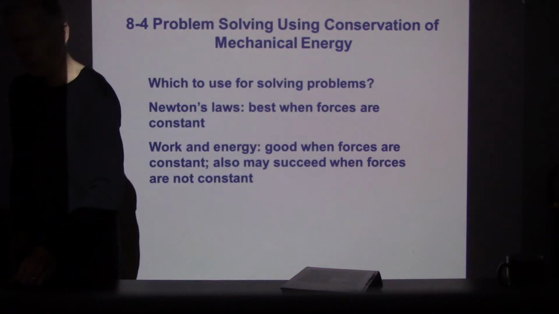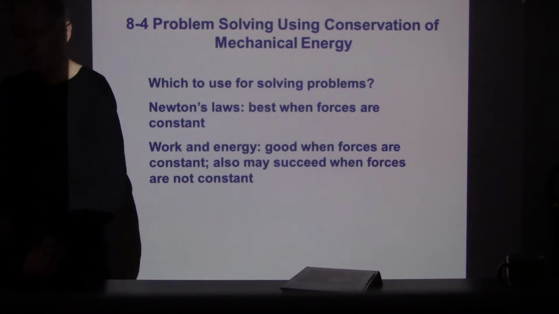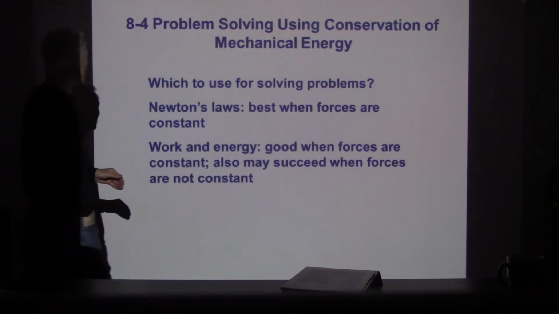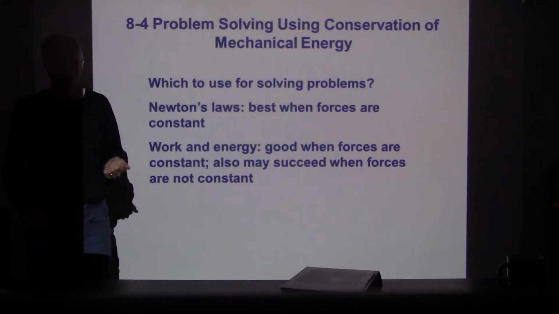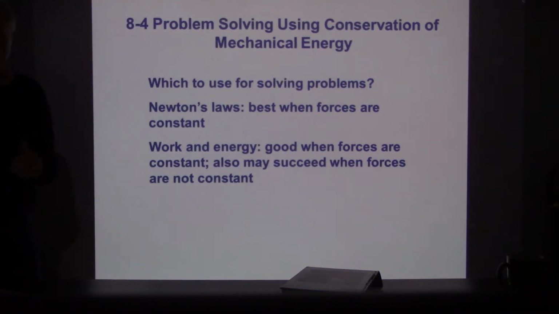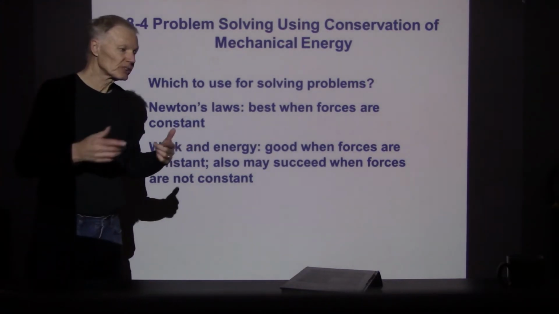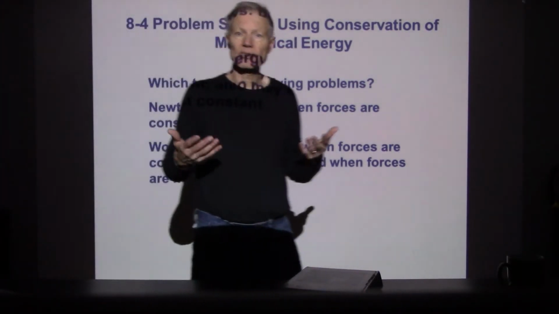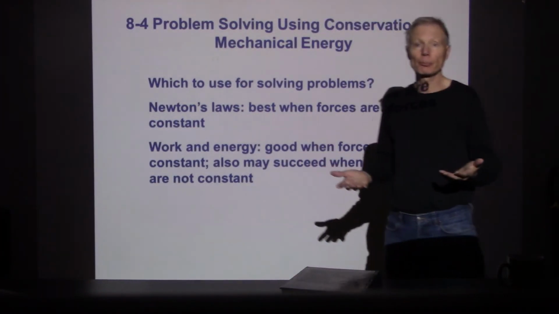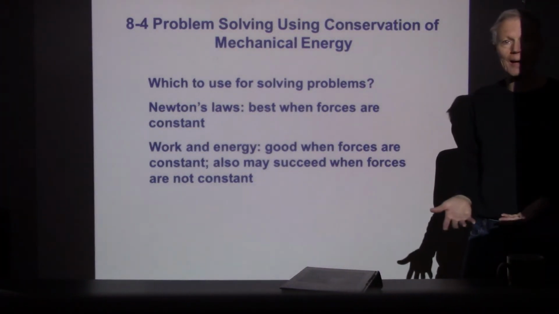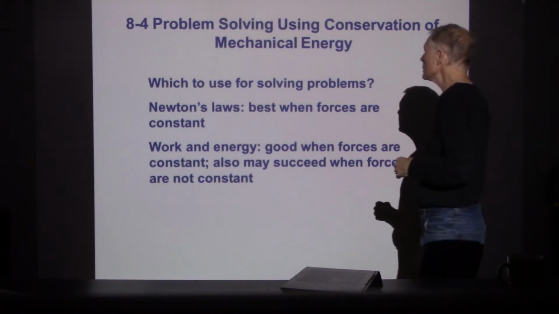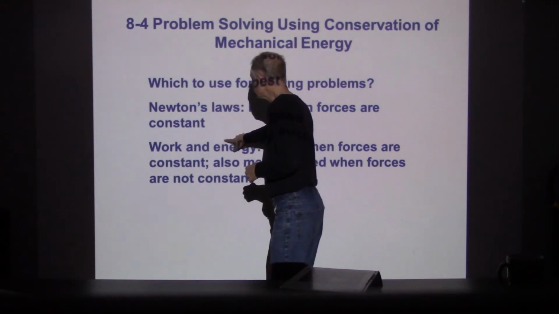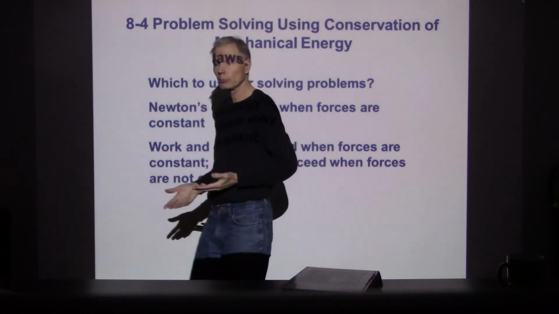All right, here are some recommendations of how to solve problems. In chapters 4 and 5, we've looked at forces and accelerations. Using forces and accelerations, we were able to solve a lot of different problems. We were able to solve how fast objects were traveling at different locations. Now, with chapters 7 and 8, we have a different approach.